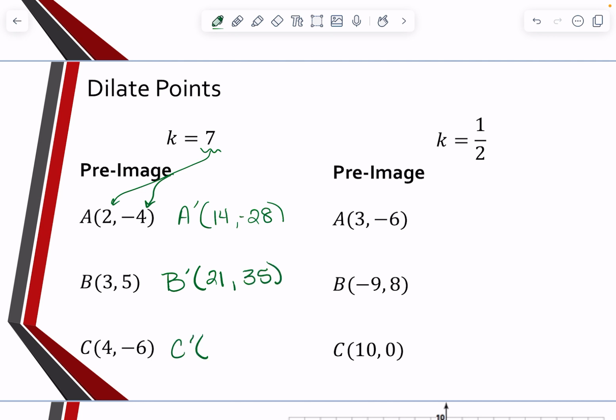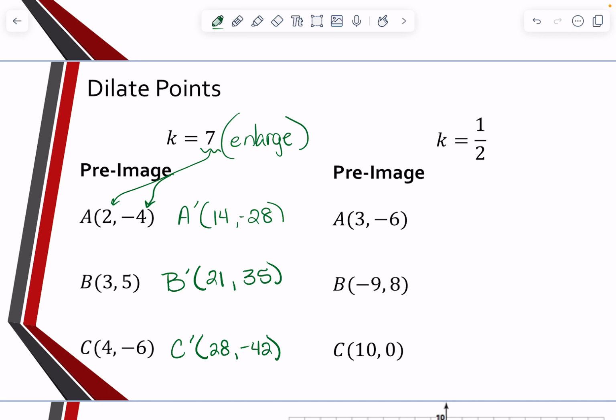C prime, again, 4 times 7, which is 28, -6 times 7, -42. And that is going to cause the pre-image to enlarge.